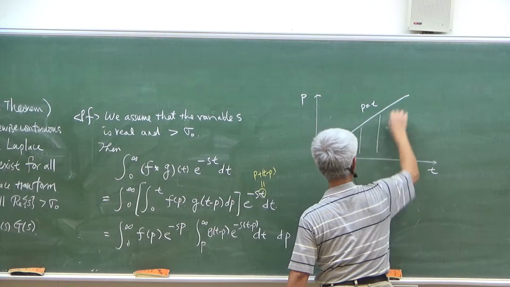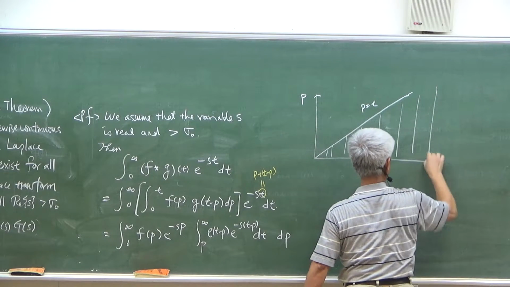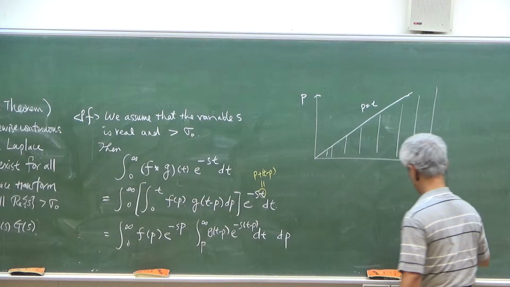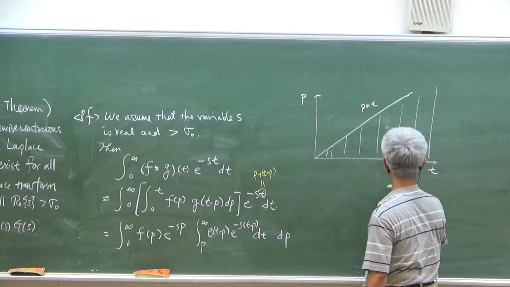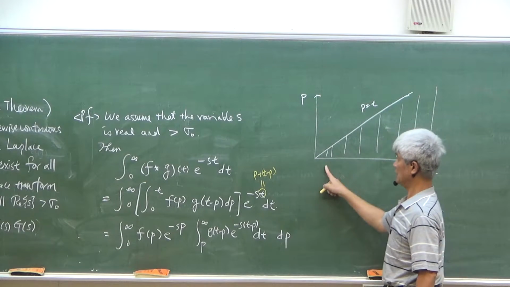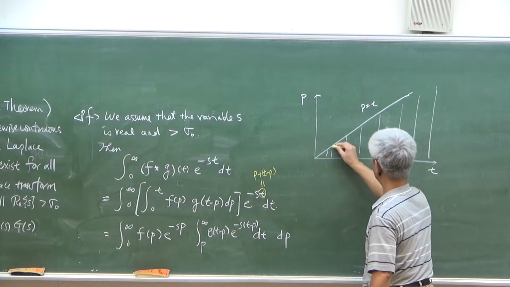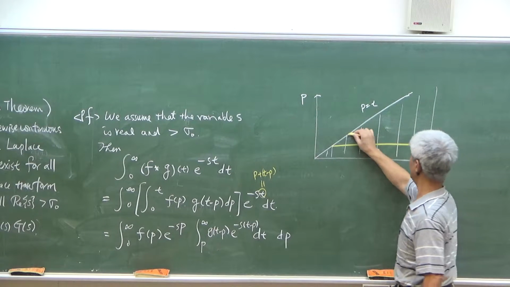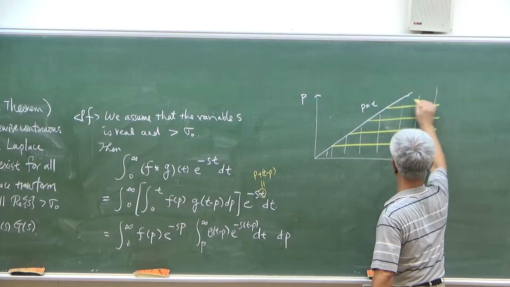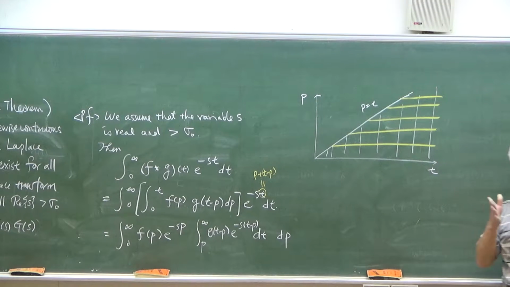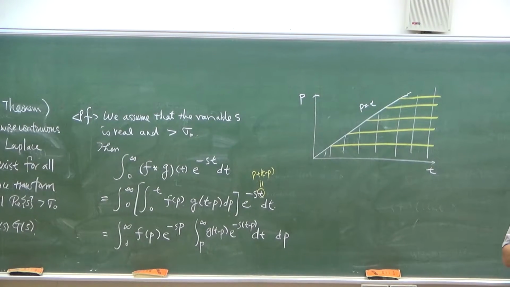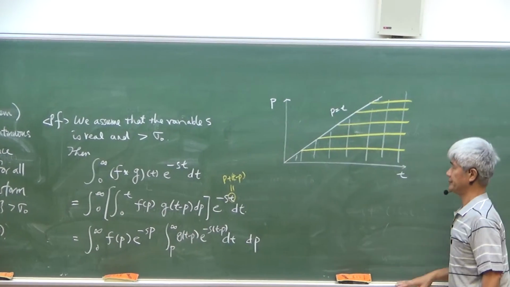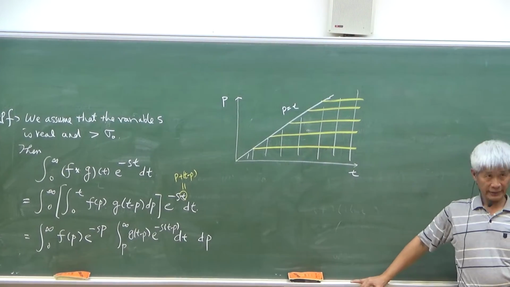So the region here, because t is from 0 to infinity. Now, if you want to integrate t first and then p, you fix p. When you fix p, t will integrate from p to infinity. So you will integrate in this direction, the horizontal direction here, instead of the vertical direction. So you have to integrate from p to infinity. Is that okay?